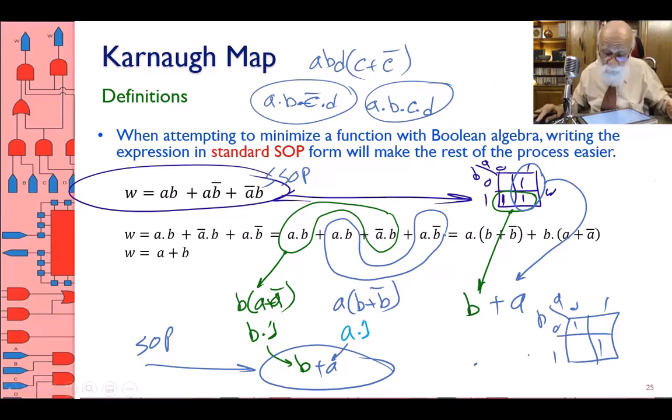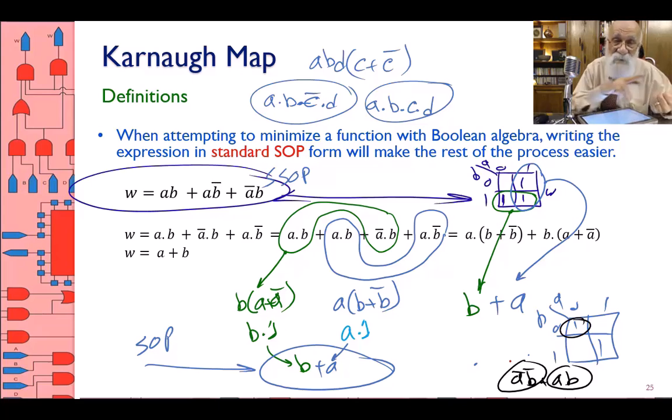They are not adjacent either, because this one is A bar, B bar and this one is A, B. They are different in two variables, so they are not adjacent. Therefore, physical adjacency and Boolean adjacency are the same. Instead of doing all this Boolean algebra, just go to the Karnaugh map and get it done with.